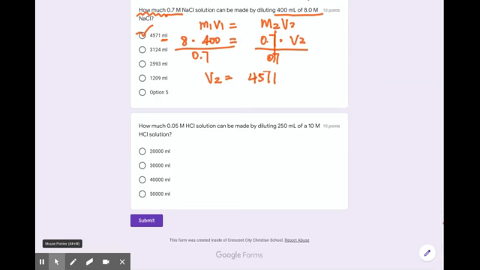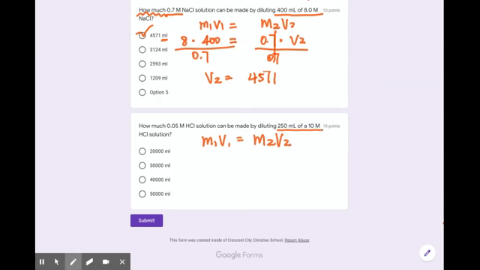All right. Our last question. How much 0.05 molarity hydrochloric acid solution can be made by diluting 250 ml of 10 molarity hydrochloric acid? Okay, same idea as before. M1V1 equal M2V2.